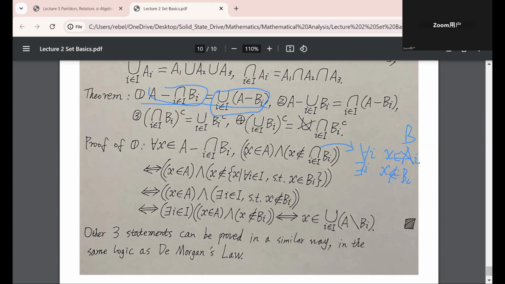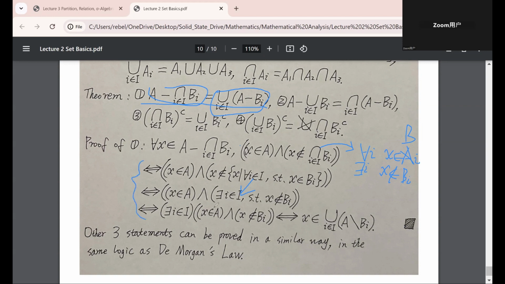All right, so that's the negation of the intersection. In this case, we can say it's not the case that for all i, x belongs to B_i, and it's equivalent to there exists one i such that x does not belong to B_i. So this is an if and only if relationship.